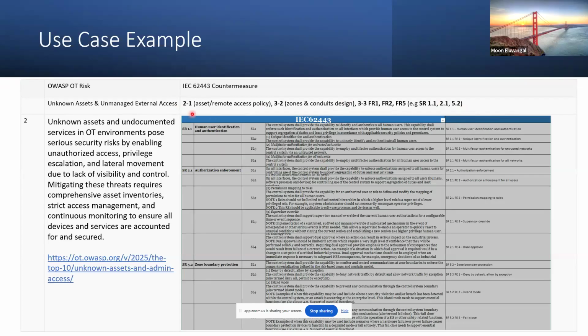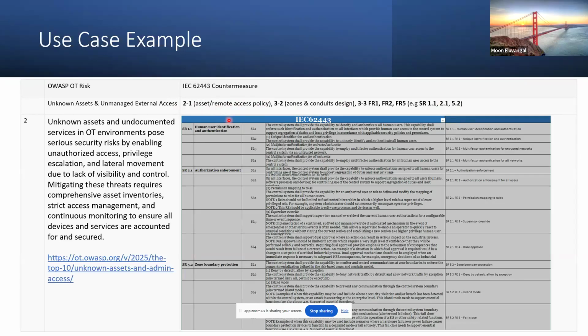I have not listed 2-1 and 3-2, which are standards that focus on the policies and procedures, how they can be built, and basically the CSMS. You might be familiar with ISMS, Information Security Management System, and 2-1, 2-2 also describe a CSMS, Cyber Security Management System for OT.